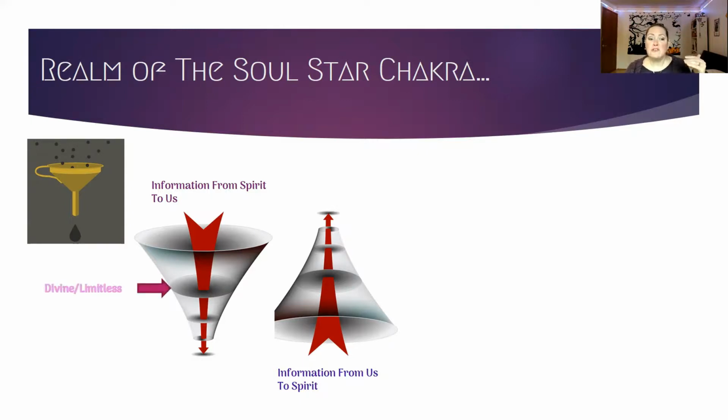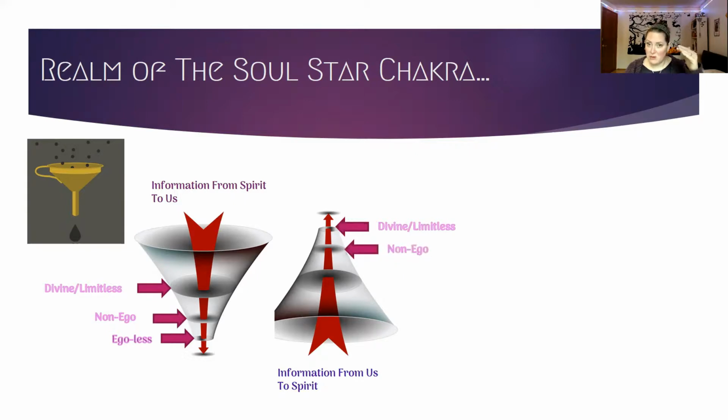And so the first layer for information from spirit to us is divine, limitless mind. The second is the non-ego, which is what we're going to be talking about today. And the causal chakra is that funnel, that filtering system of the ego-less mind. So going back the other way, information from us to spirit, divine limitless is the last filter in that line.